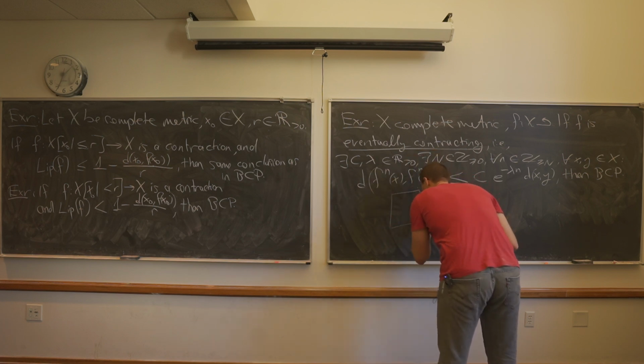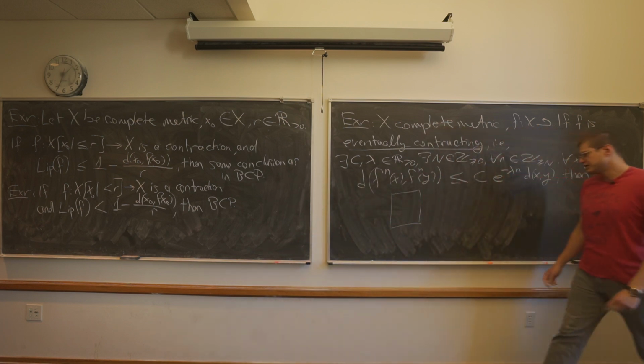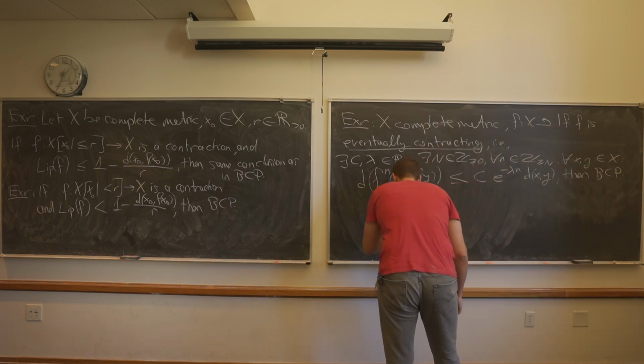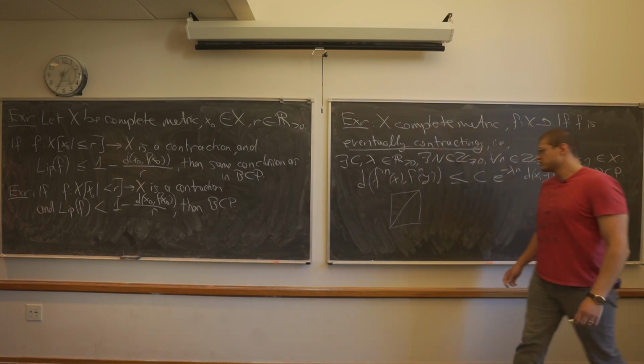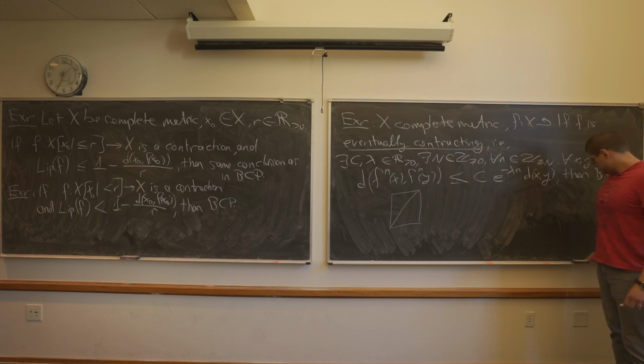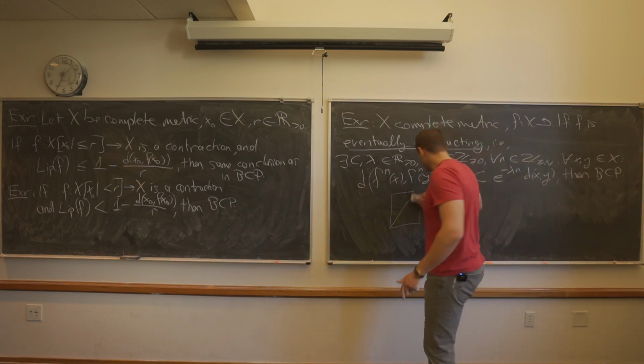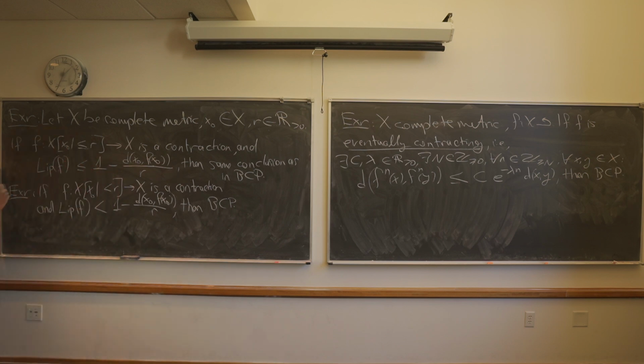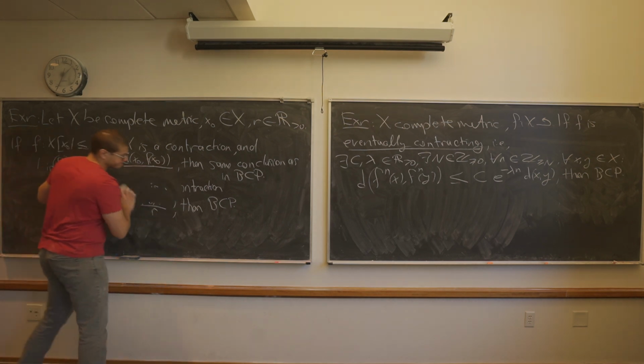I'm going to define a function on the interval that is not going to be contracting, for instance. Okay. In fact, let me just do this here, so that we can discuss a little bit about these cobweb diagrams as well.